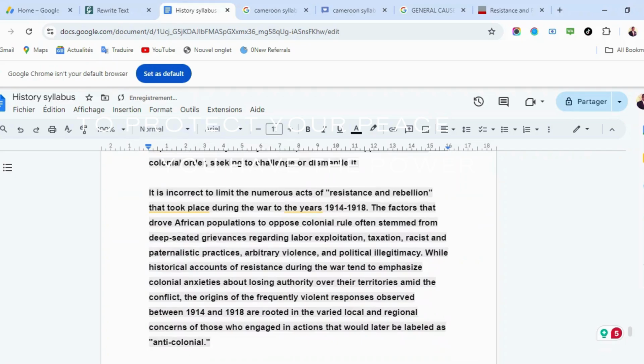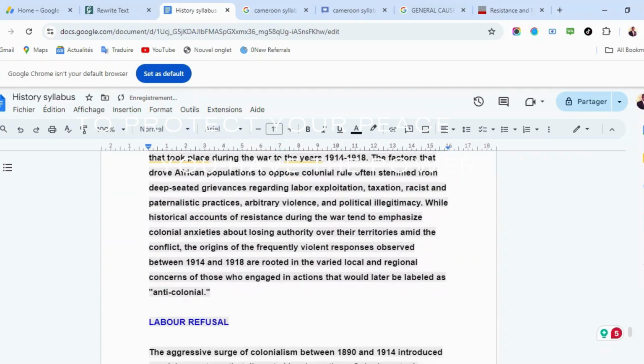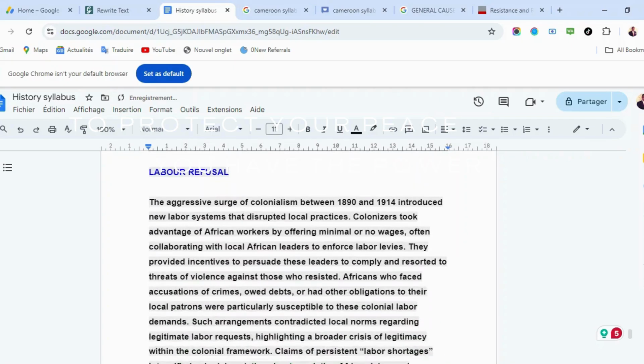While historical accounts of resistance during the war tend to emphasize colonial anxieties about losing authority over their territories amid the conflict, the origins of the frequently violent responses observed between 1914 and 1918 are rooted in the varied local and regional concerns of those who engaged in actions that will later be labeled as anti-colonial.